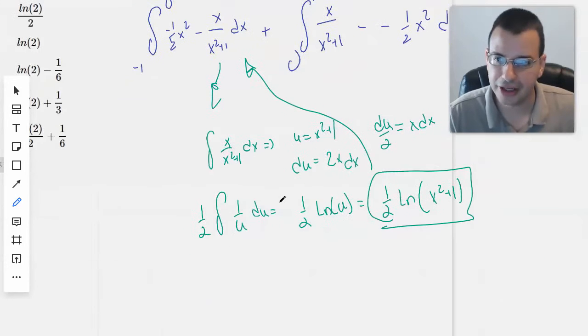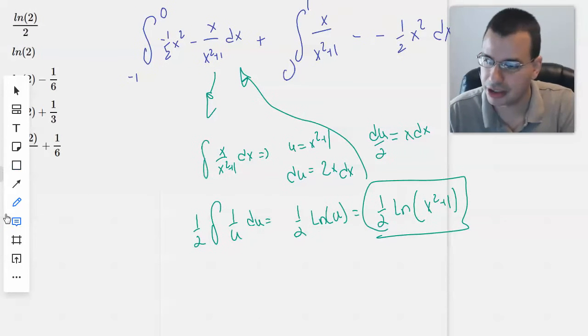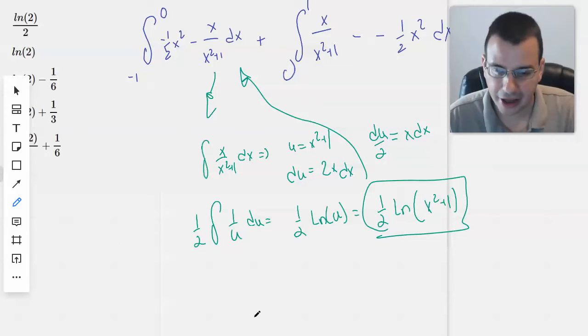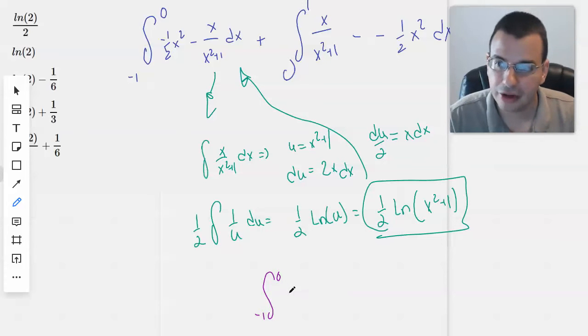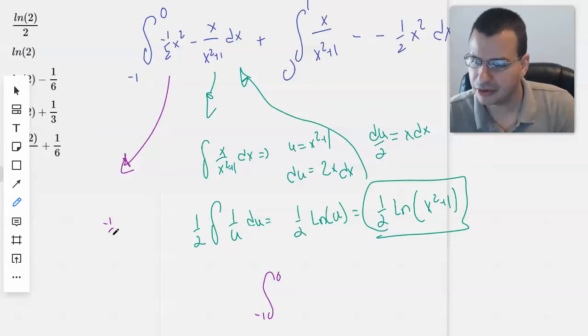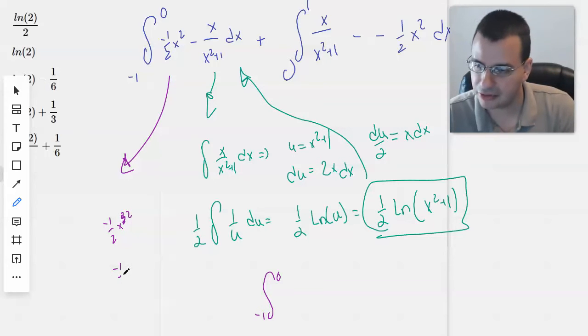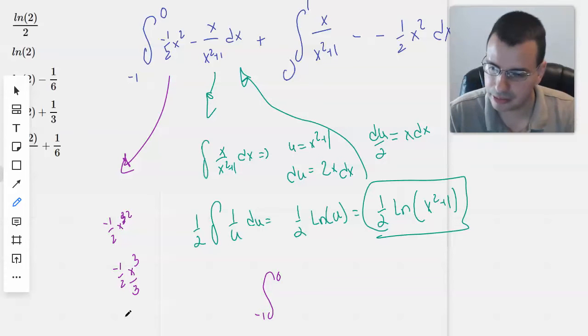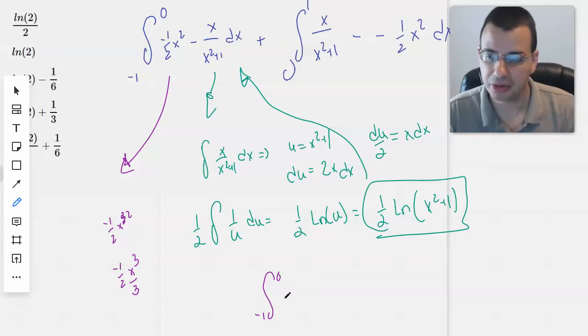So putting everything together, I'm going to rewrite this. And we have negative 1 to 0 of, let's see what the integral of this is real quick. So we have negative 1/2 x squared. That will be negative 1/2 x cubed over 3. I'm good with that.